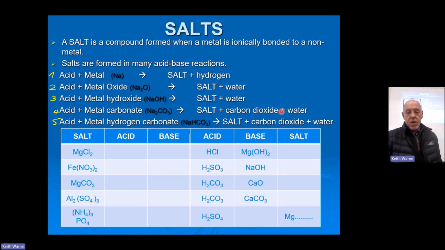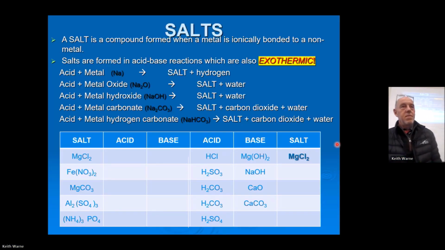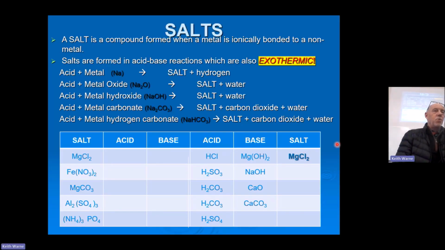So let's try these. If you have hydrochloric acid and magnesium hydroxide as your base, what's your salt going to be? MgCl2. Did I do that one for you? Okay, it was done for you. So what's your salt going to be in the next one?